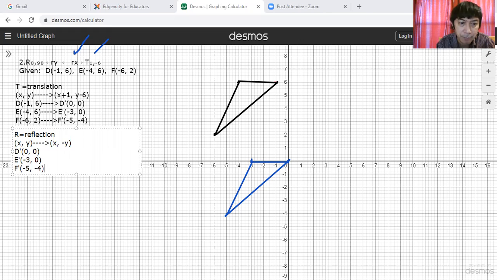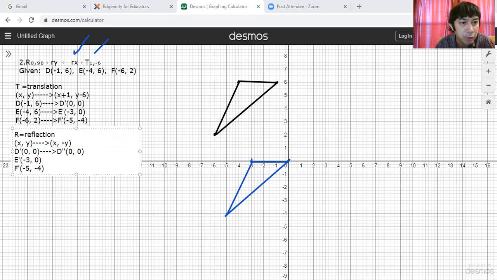Let's go back to d prime, the arrow, and this is now d double prime. Now the rule we have here, the x will not change. So we are doing the 0, 0. The 0 remains the same, and the y will have a negative y. That's negative 0, which won't change anything at all, so that will still remain 0, 0.